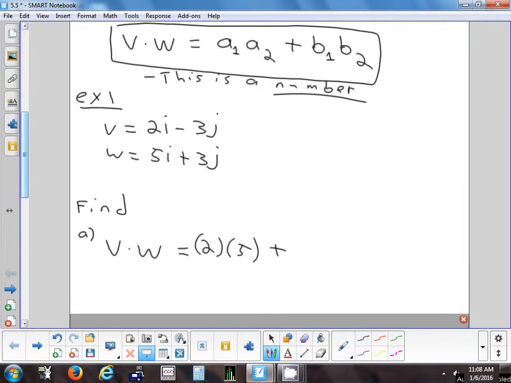Negative 3 and positive 3. Okay, and if we do that out, we're going to get 10 plus negative 9. So what is the dot product of these 2 vectors? 1.